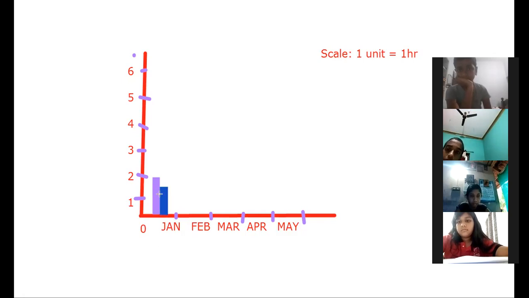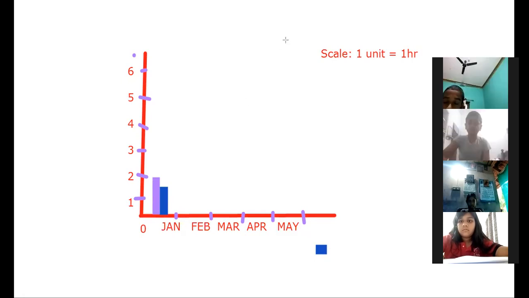For the month of January, what is represented in violet color and in blue color? So first of all, we have to mark what we are representing. Then which city does the blue color indicate?